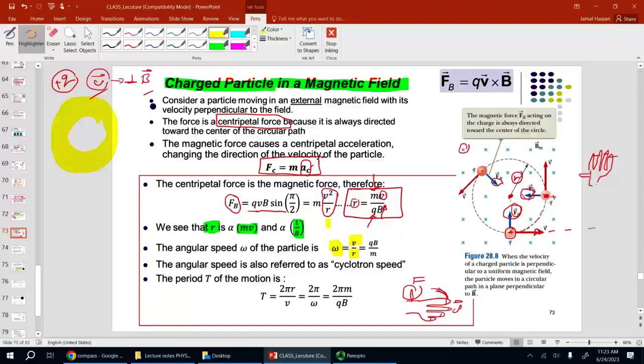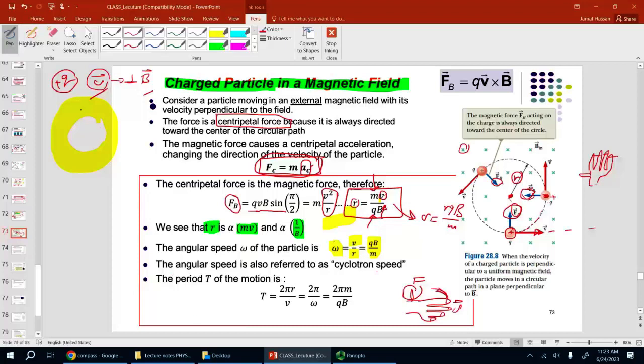You could use our previous equation to find v divided by r, so you have qB divided by m, because I could rearrange that equation, dealing with v, so v is equal to r q B divided by m. Personally, I don't memorize all these equations. I just know Newton's second law, and I know the force is equal to qvB, so I could get all these equations in no time.